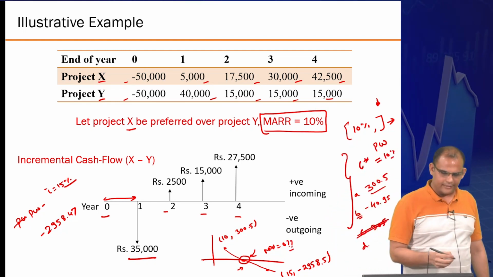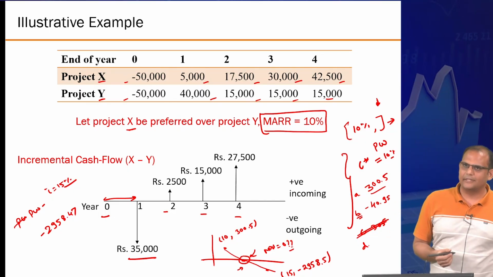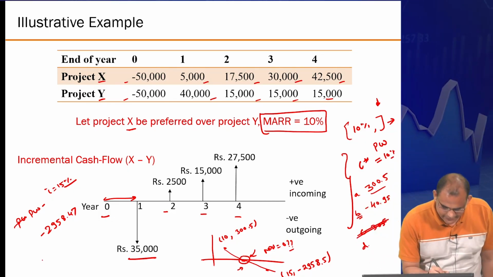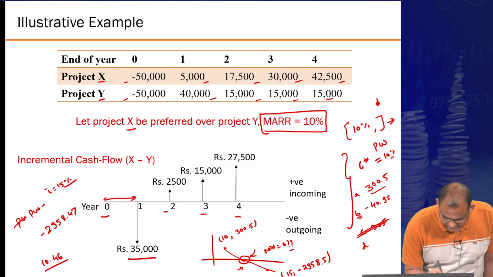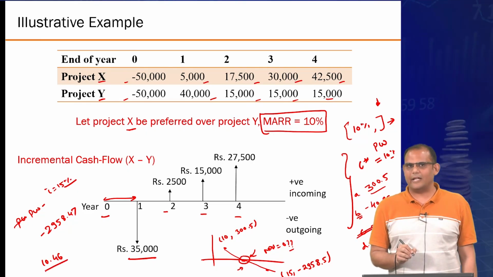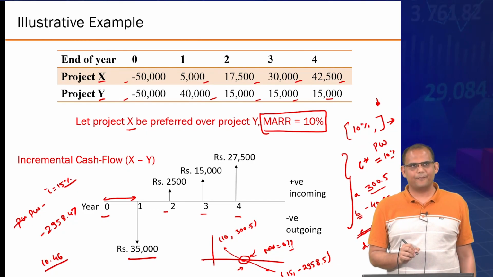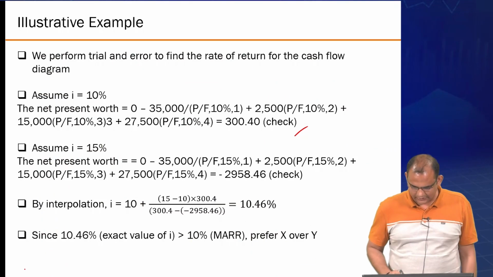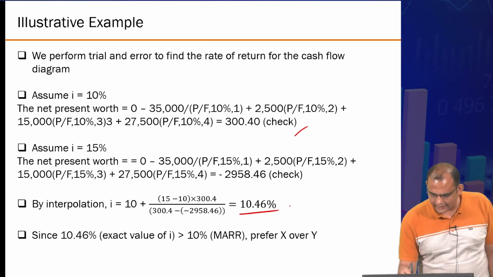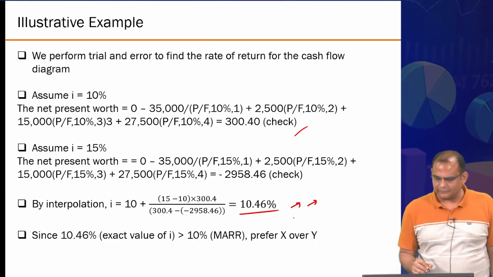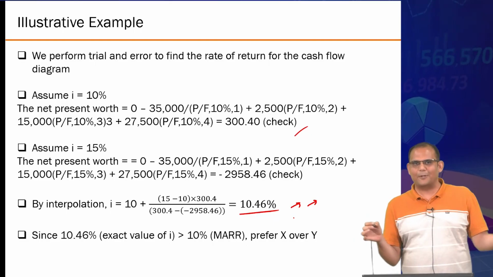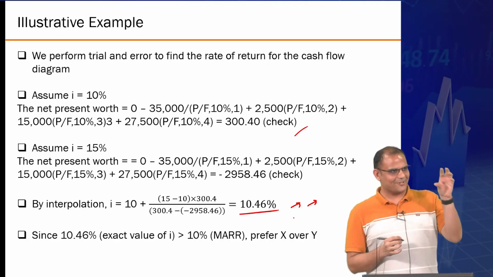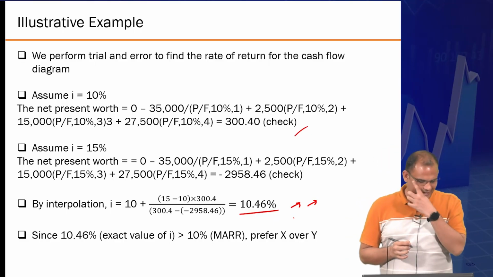What is the I star of this incremental cash flow series? 10.46%. Anyone else? Same? Everyone is getting the same? Right. Theoretically, all of you are, and I'm liking that not so many options are getting generated nowadays. All of you are converging to the right set of answers.